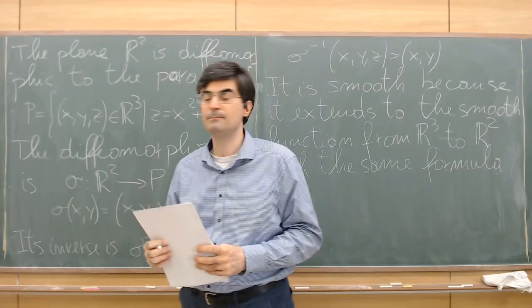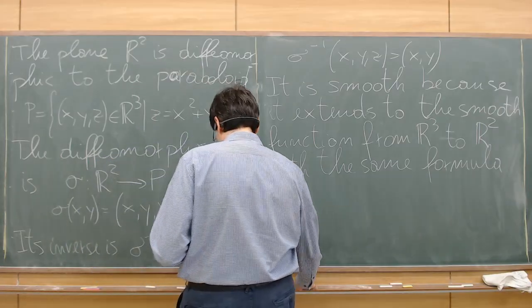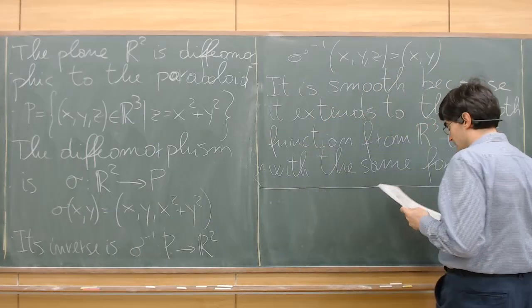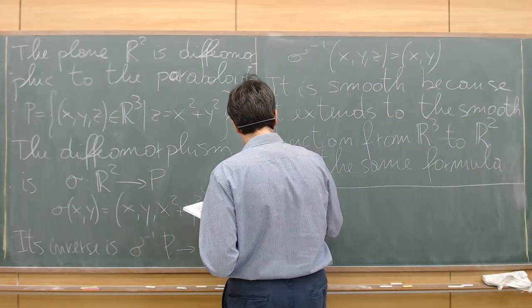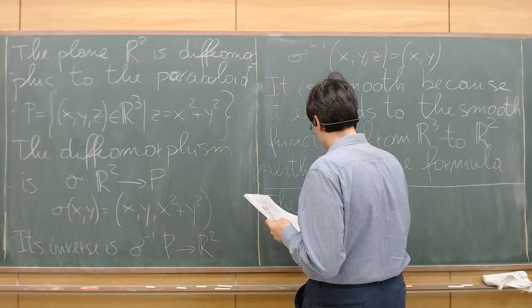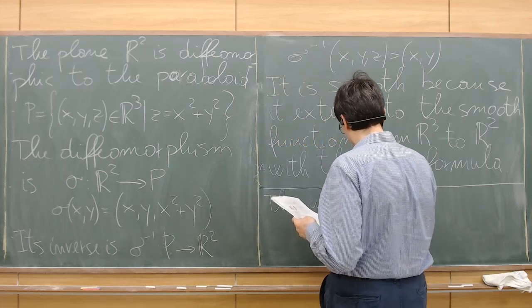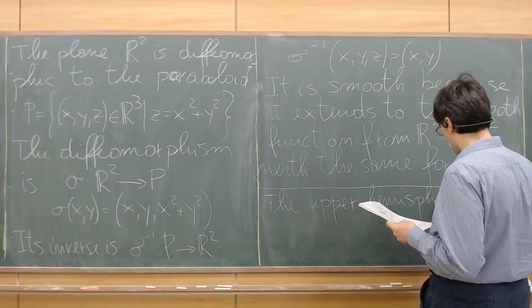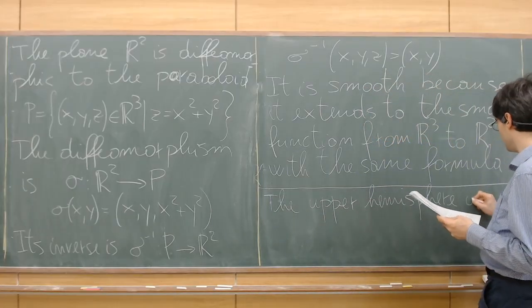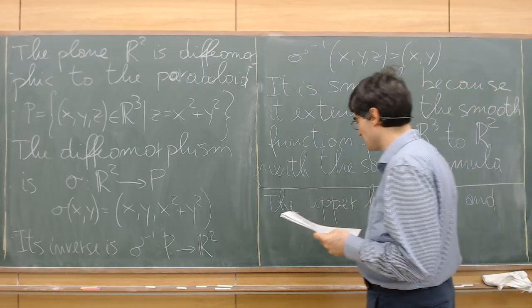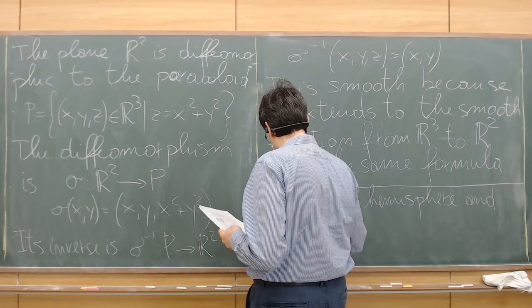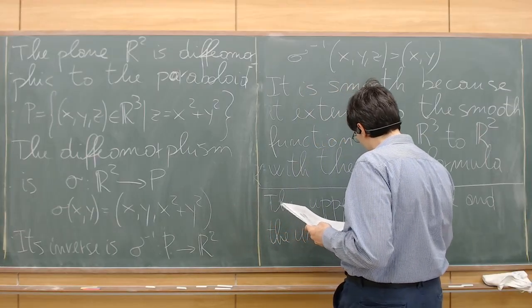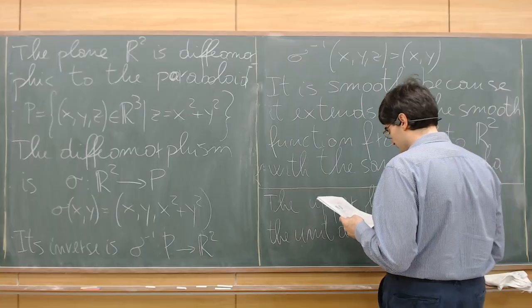Okay, one more example. The upper hemisphere and the unit disk are diffeomorphic.